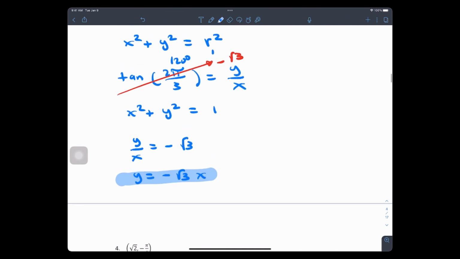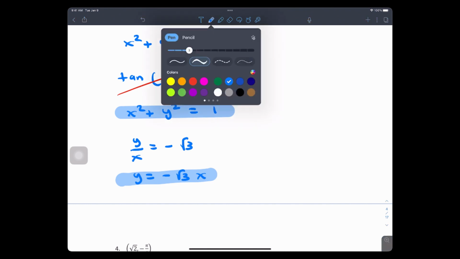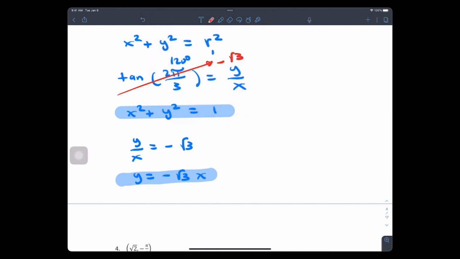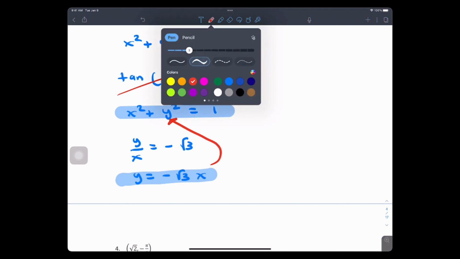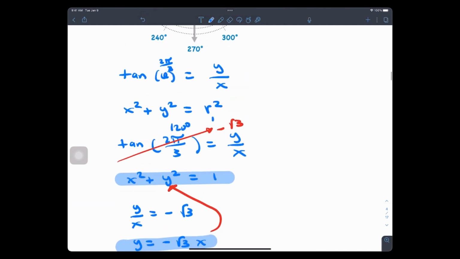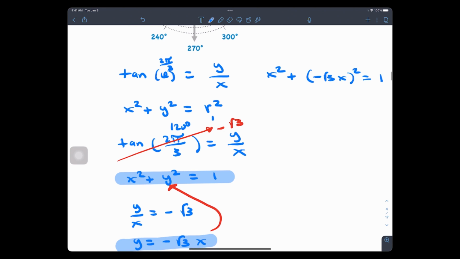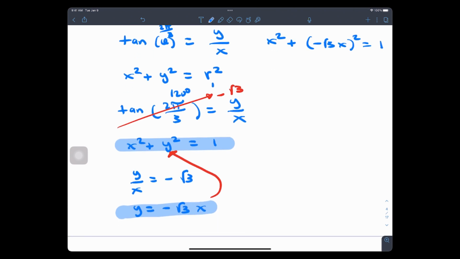All right. But we also know x squared plus y squared is 1. So what do we do now with this? Well, what did we do before? We substituted for the y value. So you get now x squared plus negative square root of 3 x, squared, equals 1 by substitution.